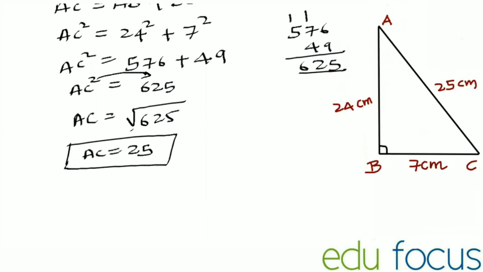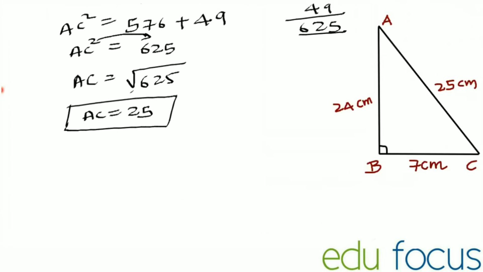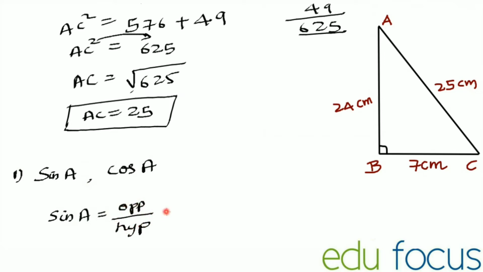Now they are asking us to find sin A, cos A. First sub question, sin A and cos A. Sin A is equal to opposite by hypotenuse.